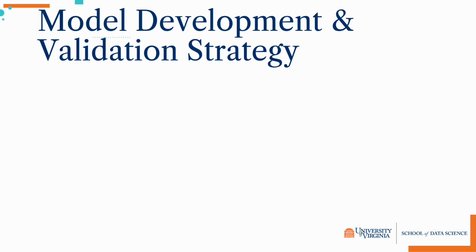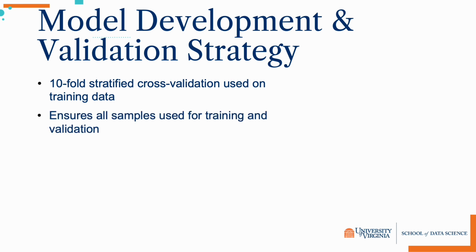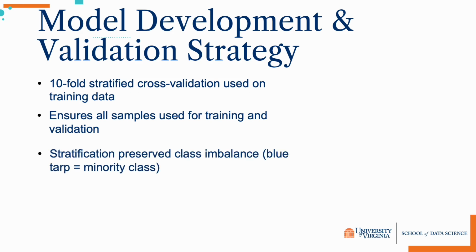Now on to model development and validation strategy. To train and validate our models, we applied tenfold stratified cross-validation to the training data. This method was chosen because our dataset was imbalanced, meaning the blue tarp class was underrepresented. Stratification helped ensure that each fold preserved the class proportions, reducing bias and improving the model's ability to generalize.